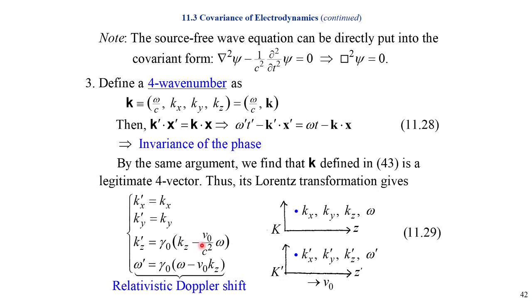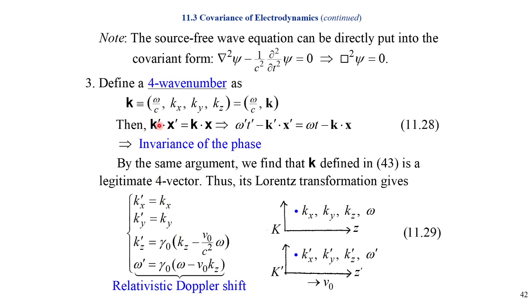Remember, in the old days from general physics, we have the Doppler shift, for example from sound, where the frequency and wave number of the sound can be calculated using a Doppler shift. But here, we can derive a relativistic Doppler shift for EM waves.